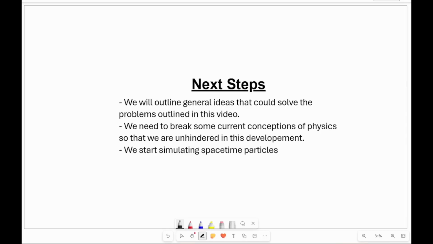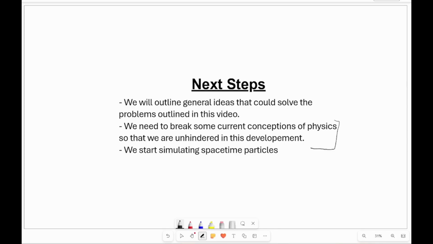And then from there, we need to review a lot of conceptions of how space or our physics works, because a lot of my adventure through physics has not been about coming up with novel thoughts, but about removing some of the notions that other people have told me to have.